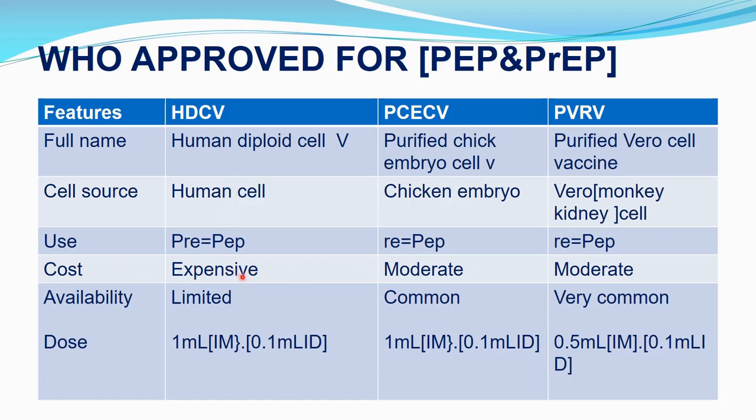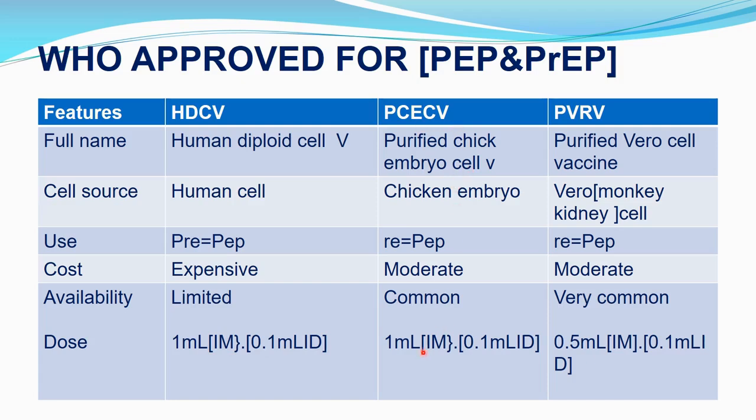Cost: human diploid cell vaccine is expensive, so usually not available, and the other two are moderately expensive. Availability of HDCV is very limited because of its cost; many times it is not available and not affordable. The other two are commonly used, but very commonly used is purified Vero cell vaccine. Dose is 1 ml intramuscular for human diploid cell vaccine, or 0.1 ml if intradermal.